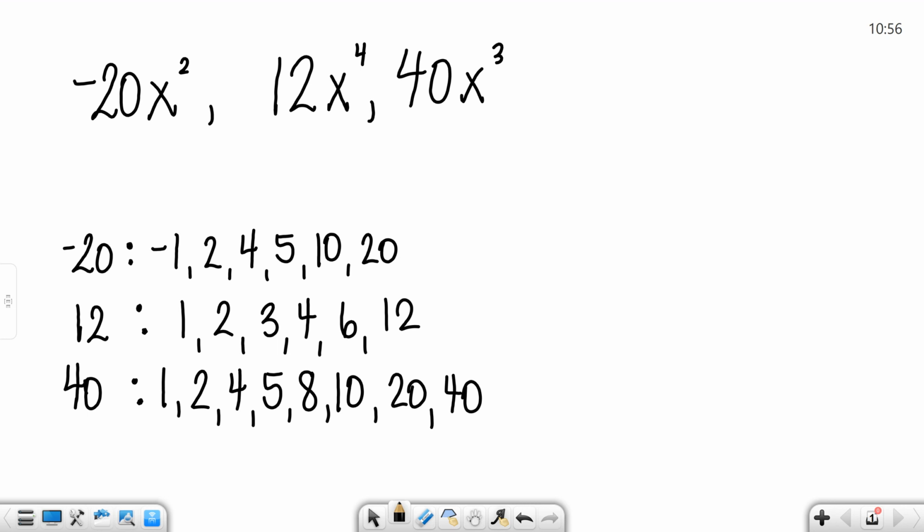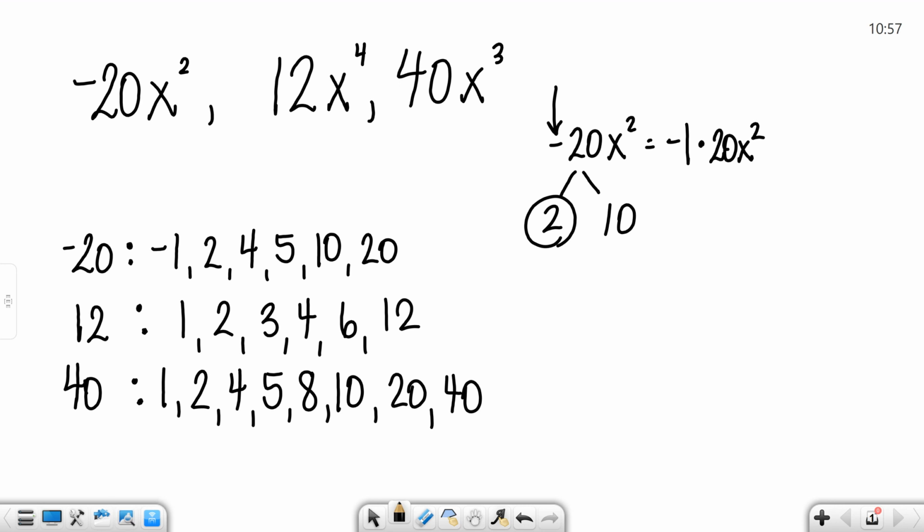All right. So if I stick with what I just showed you a moment ago, and we say 20 is 2 times 10. Now this little negative sitting out here, I'm going to rewrite this as -1 times 20x squared. And so I go ahead and take that 1 out.